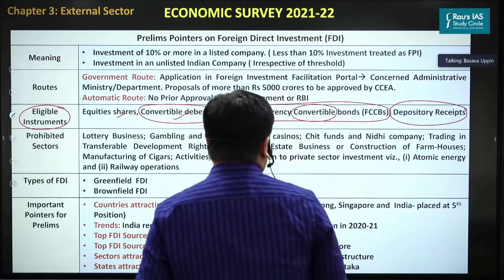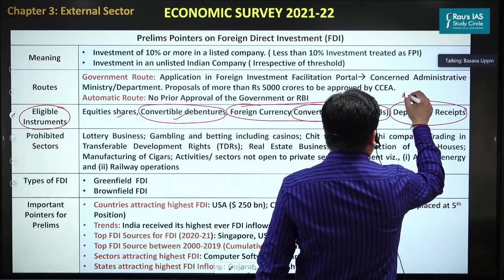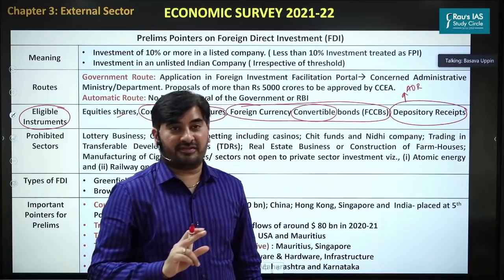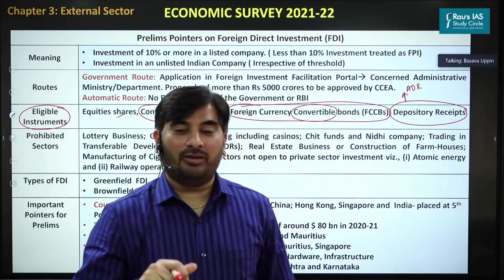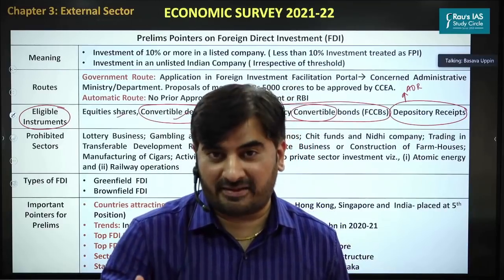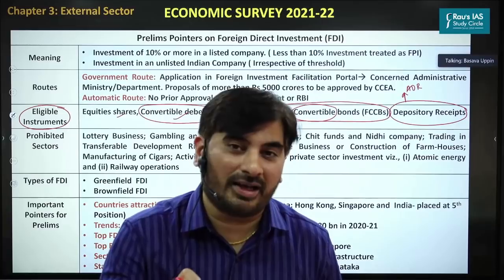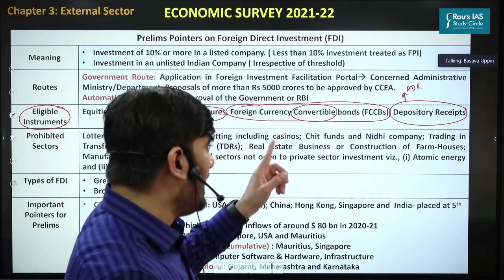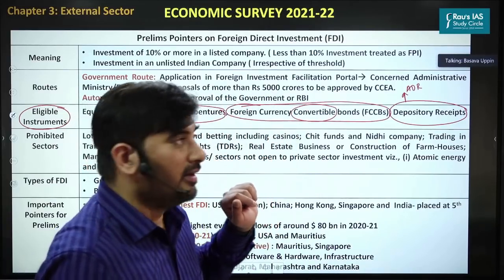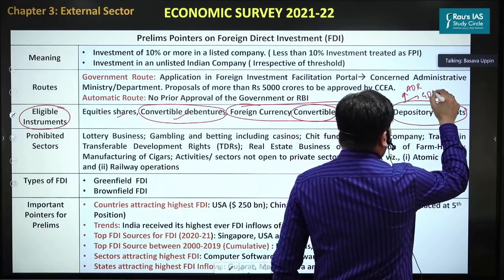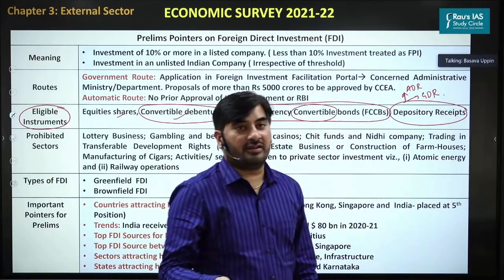For example, with respect to depository receipts, you have ADR, which stands for American Depository Receipts. So if an Indian company wants to issue shares and raise capital in the US market, the route through which it raises money, we call it American Depository Receipts. And we have the other type, that is GDR, which stands for Global Depository Receipts.